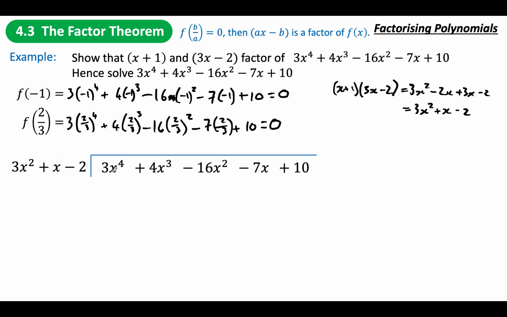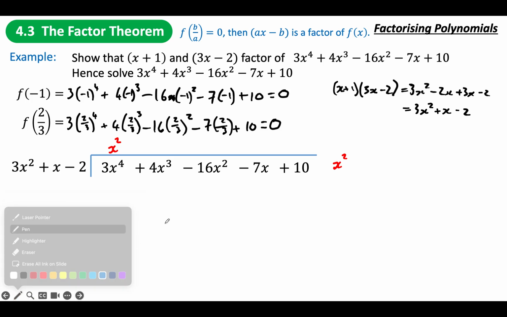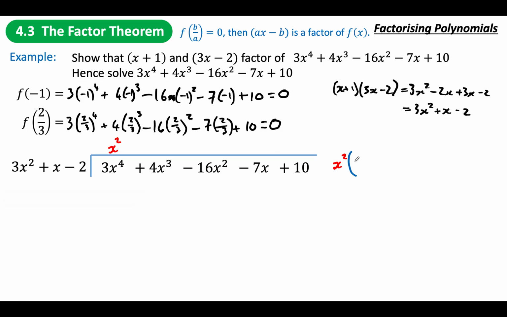We're going to do 3x to the power of 4 divided by 3x squared. Well, the thing that's left is just x squared, x to the power of 2. So I'm going to put that over here, x to the power of 2. And then we're going to write our expression, 3x squared plus x minus 2, and we're going to expand that.